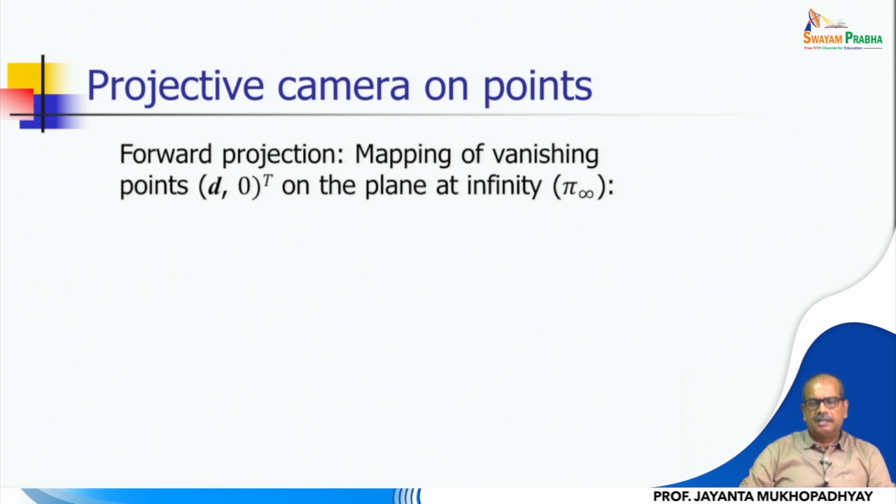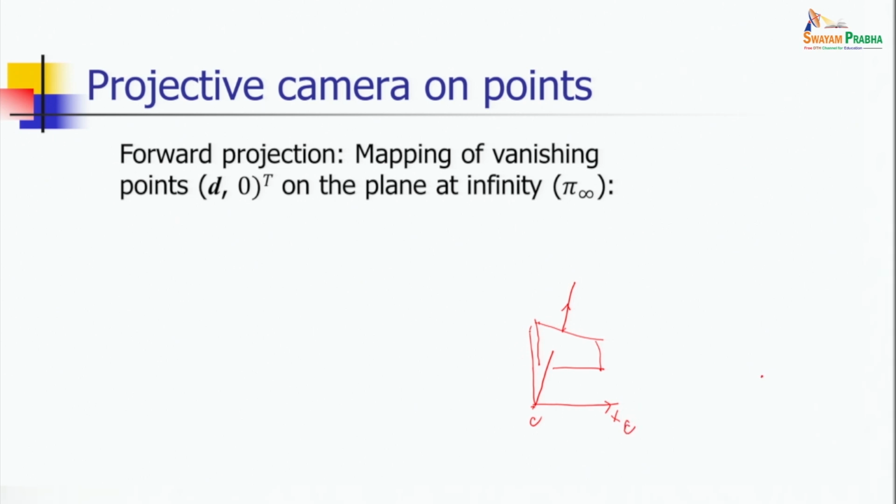Now while doing these forward projections, if I once again draw the familiar diagram of the respective imaging, this is my camera center C, and this is the principal axis, and this is the x axis. This is the camera-centric coordinate system. This is YC, and this is ZC.